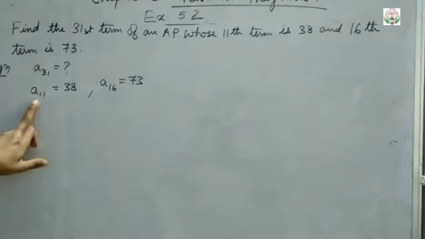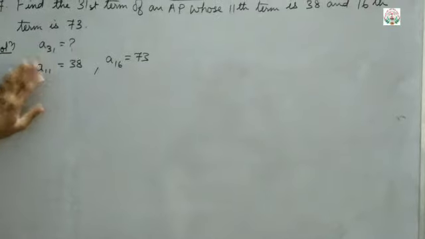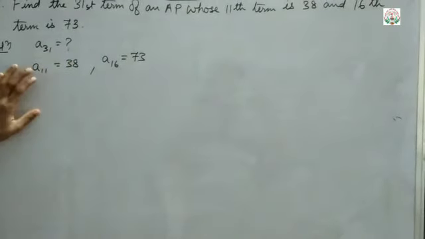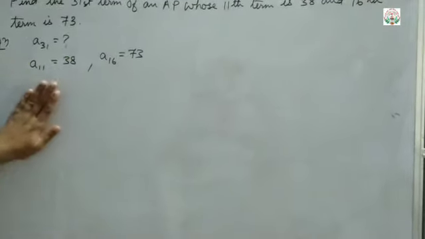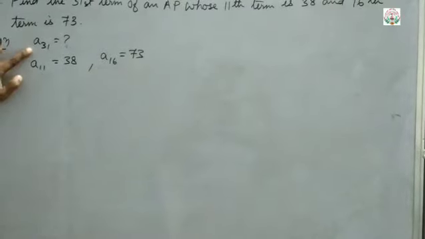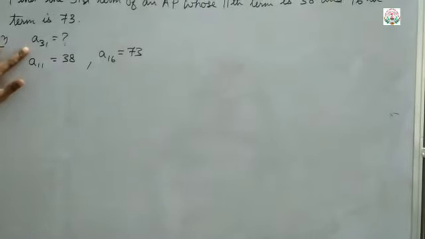Clear? Like this the question is given. Here there is no AP series. You have to find the value of A, then D, and then get the value of A31. Clear children?